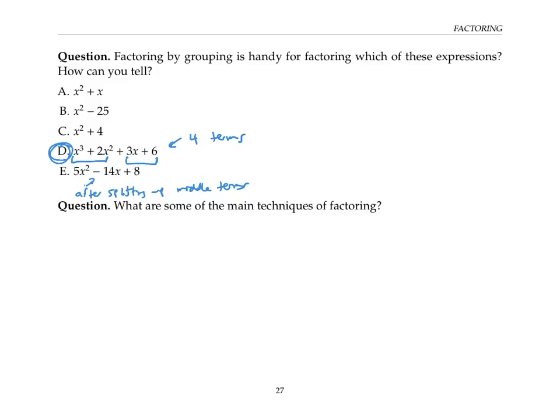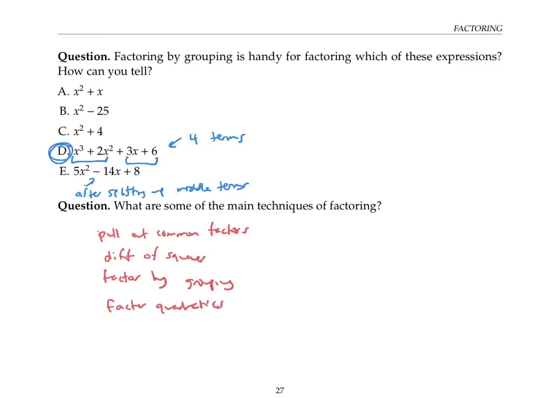So let's just review the main techniques of factoring. We saw these on the previous page. We saw there was pull out common factors. There's difference of squares. There's factoring by grouping. There's factoring quadratics.